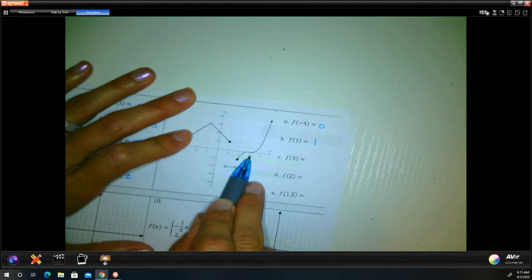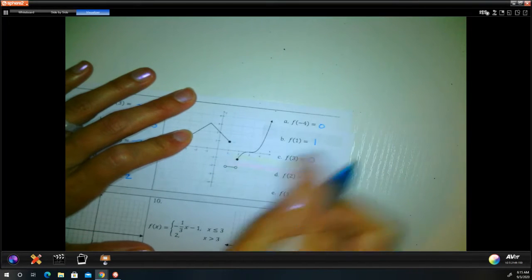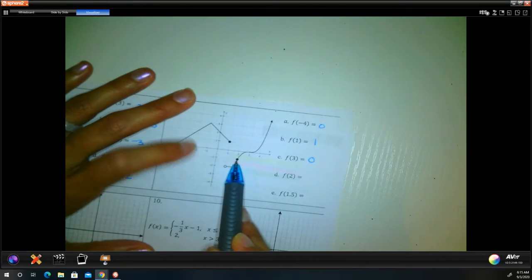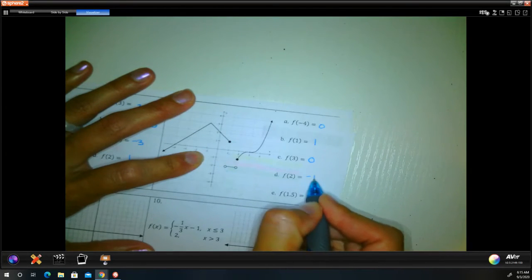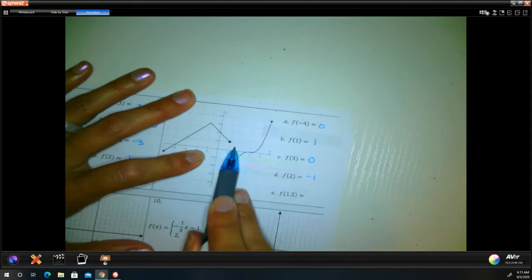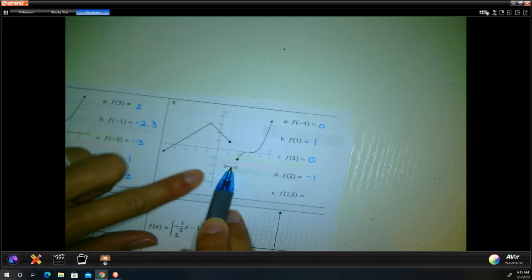F of 3, again, is an x-intercept, so that's 0. F of 2, 1 open, do not include that, so it's just this one, which is negative 1. F of 1.5, so if I go to halfway between 1 and 2, I get this, which is negative 2.